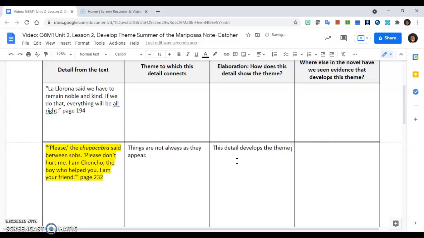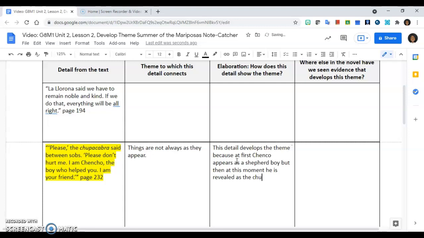And so this detail develops a theme because at first, Chinko appears as a shepherd boy. But then at this moment, he is revealed as the chupacabra.